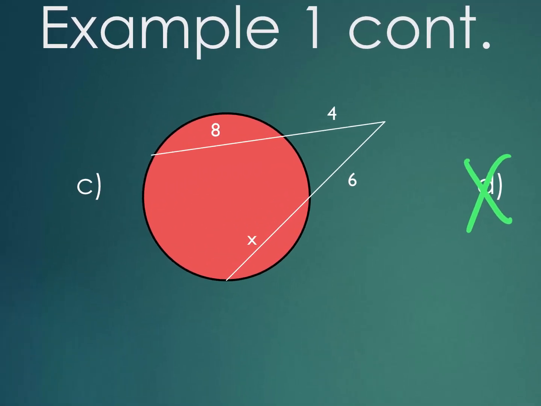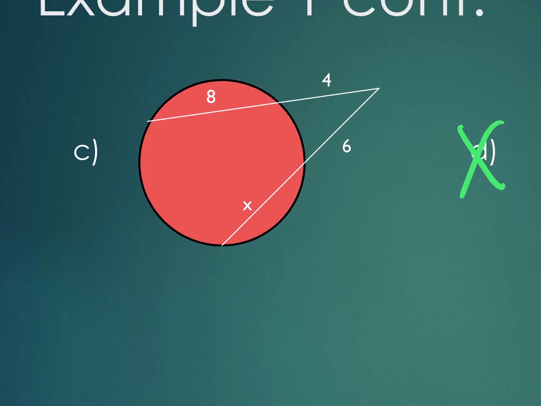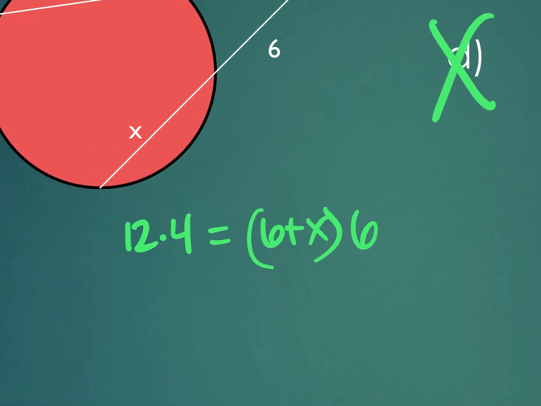Letter C. How would I set it up for letter C? Gigi? Yes, 12 times 4. Very good. 6 plus x times 6. Nice job, Gigi. All right, someone walk me through solving this.